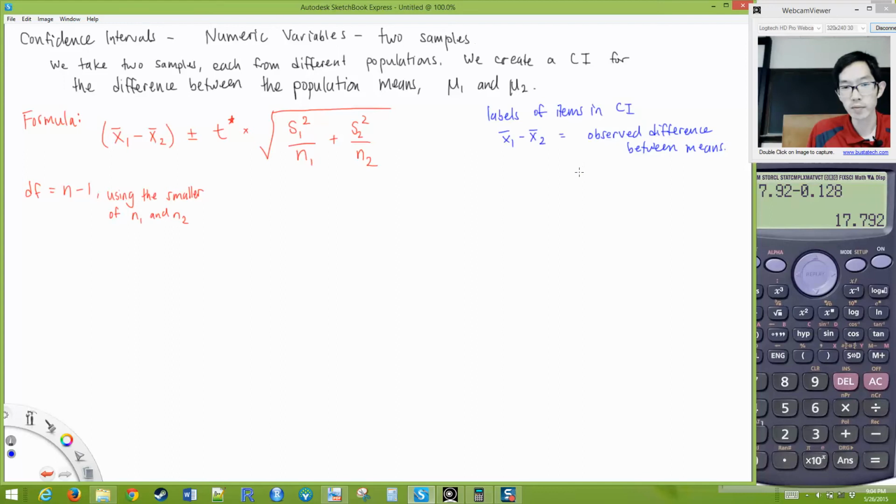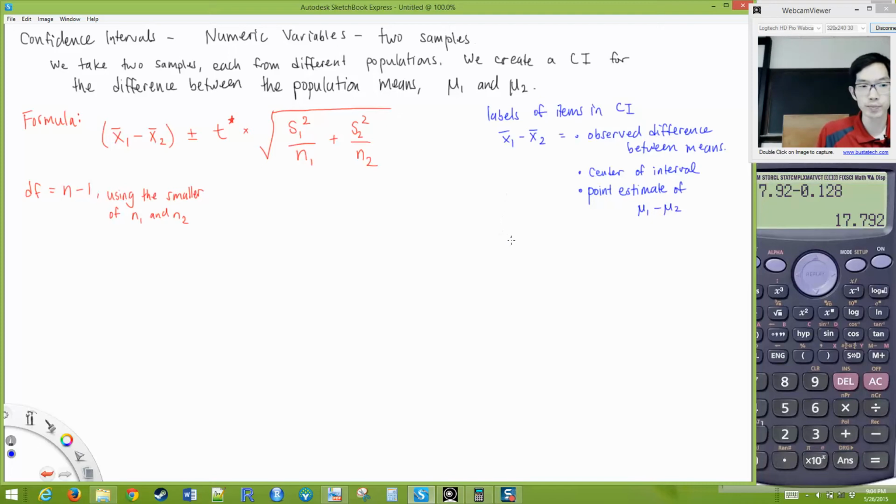Professor, the formula in the square root, after the plus sign on the right, would say s2 squared? Yes, so this is s1 squared and this is s2 squared. Observed difference between means. This also is the center of the interval, or our point estimate of mu1 minus mu2.